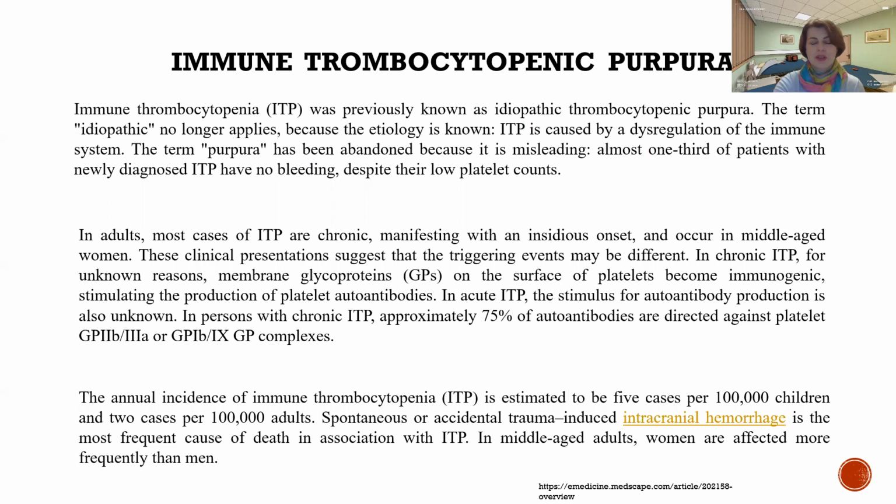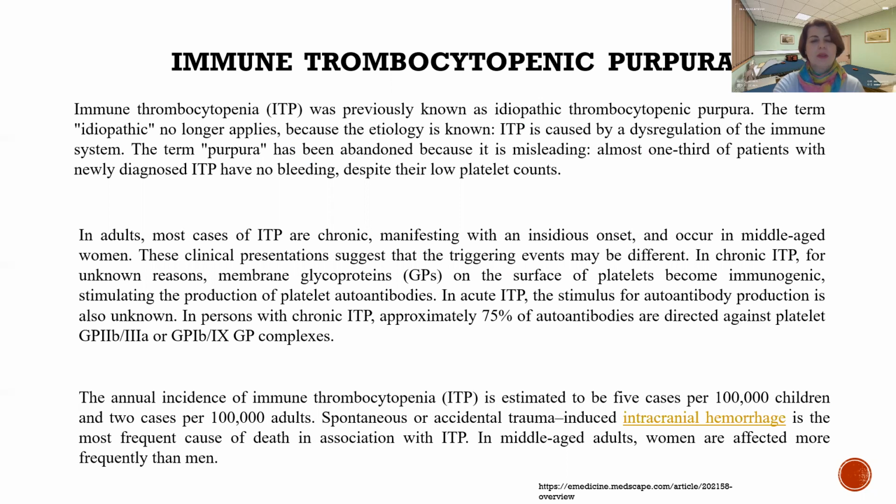In persons with chronic purpura, approximately 75% of autoantibodies are directed against the platelet glycoprotein complexes. The annual incidence of this disorder is estimated to be 5 cases per 100,000 children and 2 cases per 100,000 adolescents or adults.